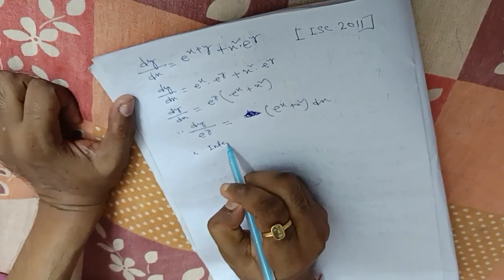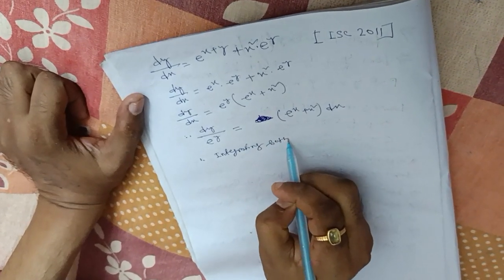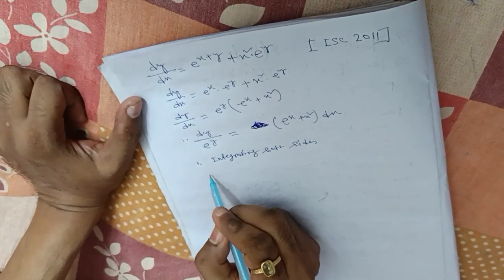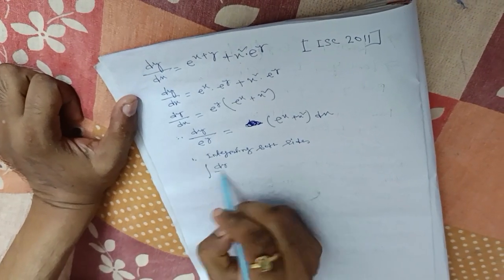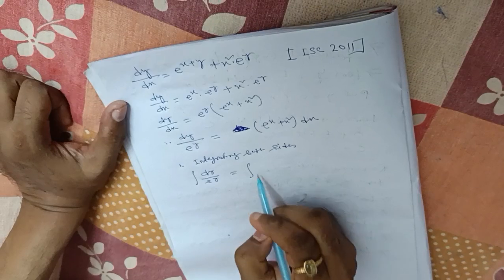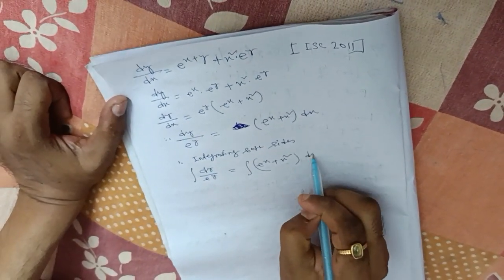Integrating both sides, we get dy by e to the power y equal to integration e to the power x plus x square dx.